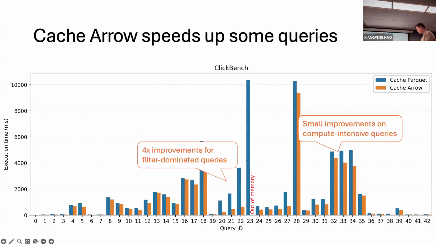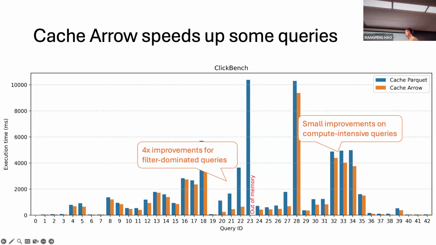And for some other queries, like those 20 and 21, those are filter-dominant queries. Basically, those queries say, okay, I'm going to select all the URLs where the URLs match some patterns.